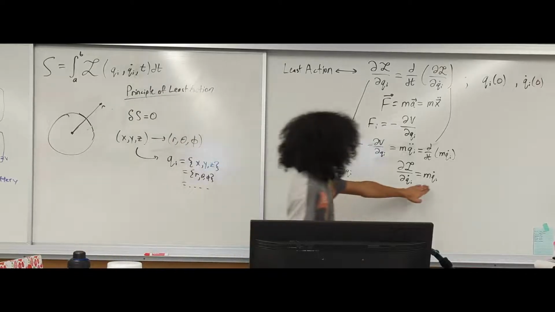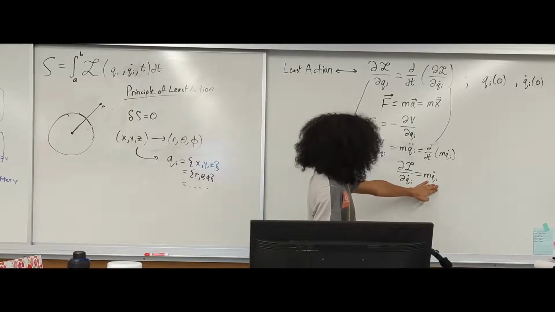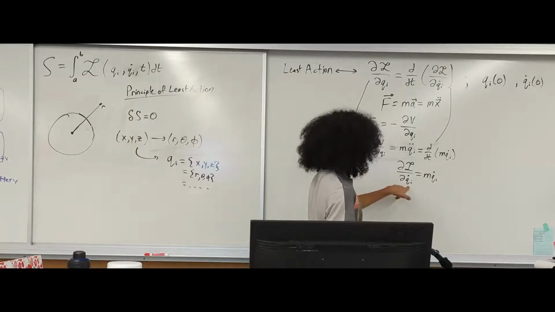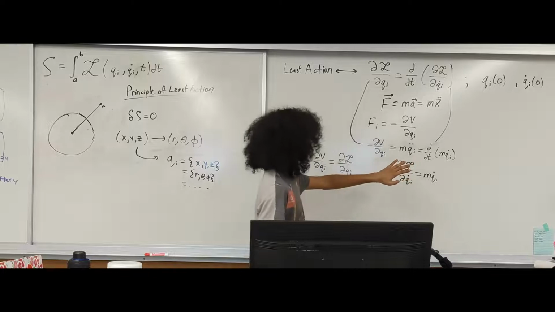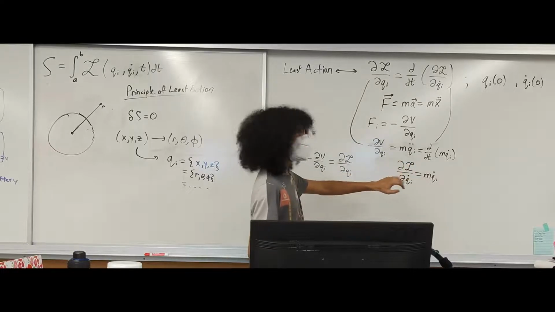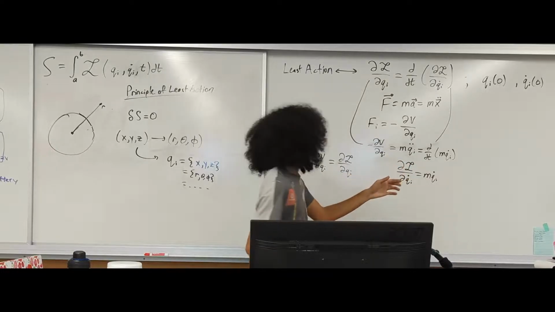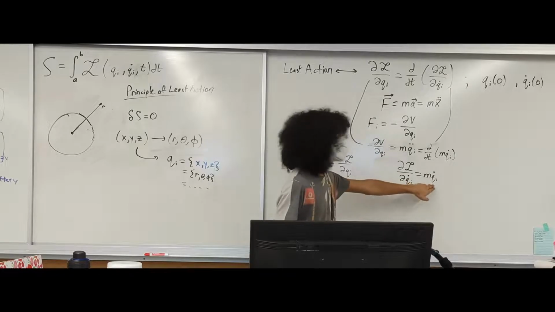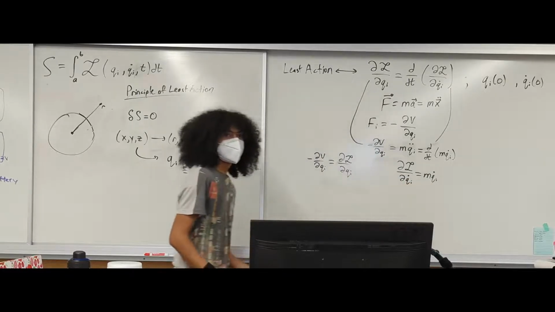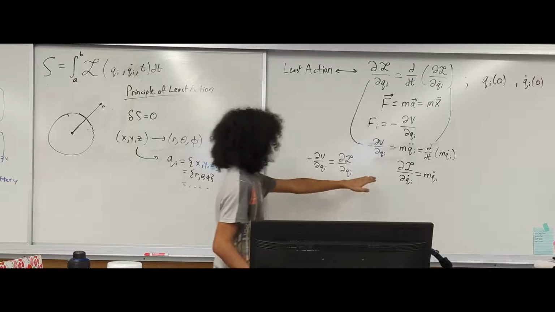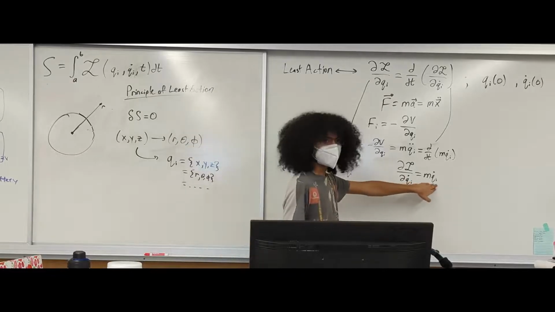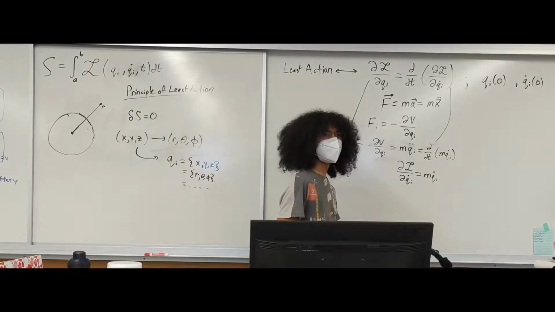Now, is this the derivative of something that's a function of q dot? So instead of thinking about the independent variable being q, you want to think about it being q dot. So what do you need to take the derivative of to get something that's a linear function?